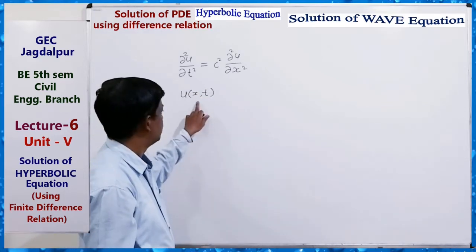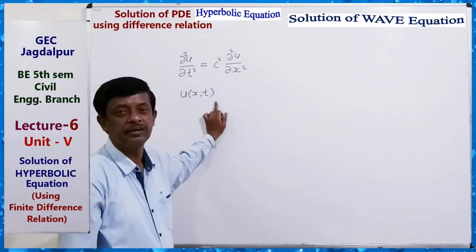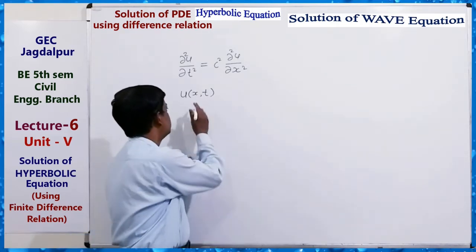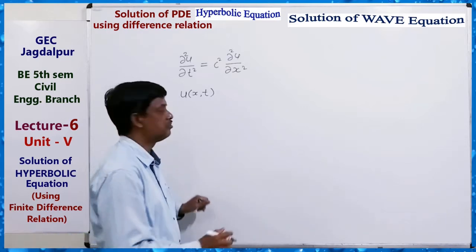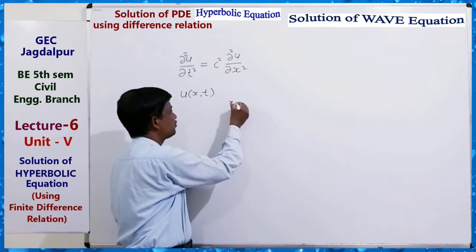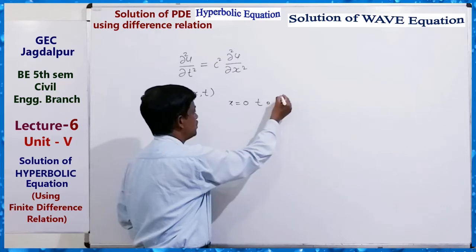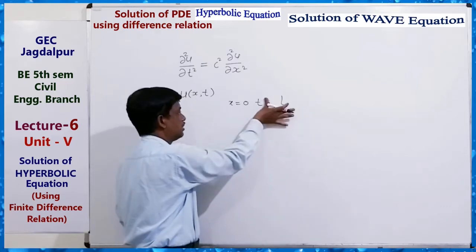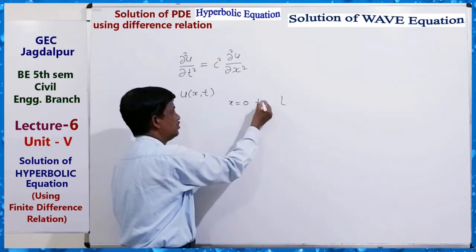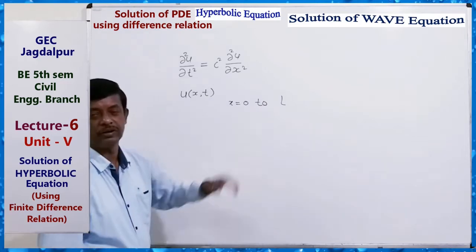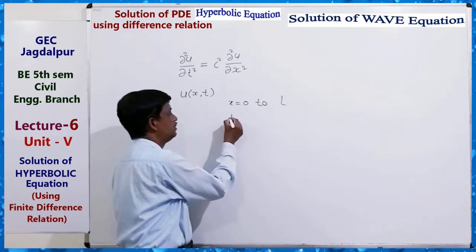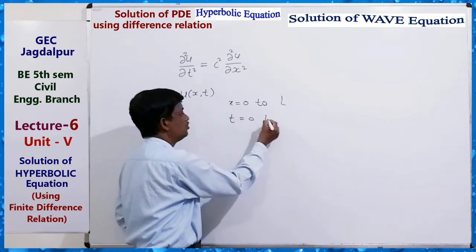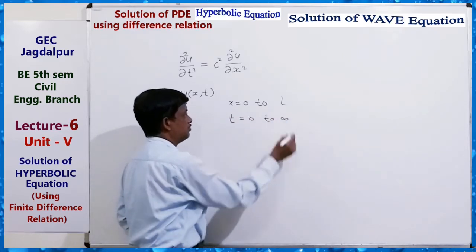This is defined for x with boundary values from x equals 0 to L, and t from 0 to infinity.